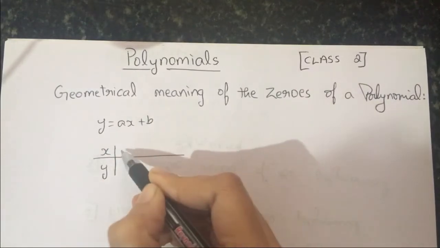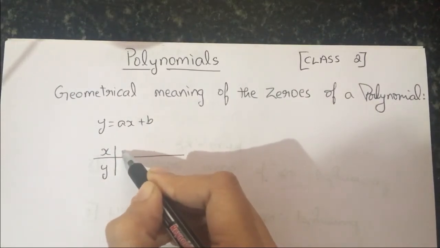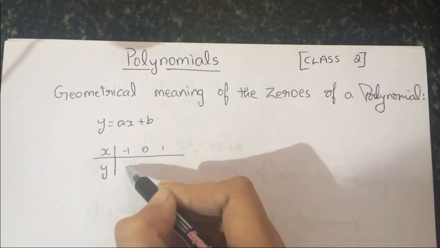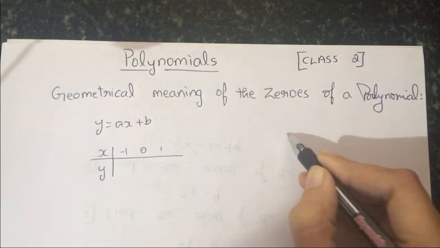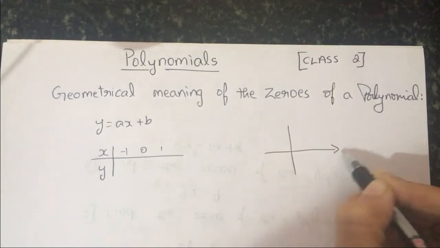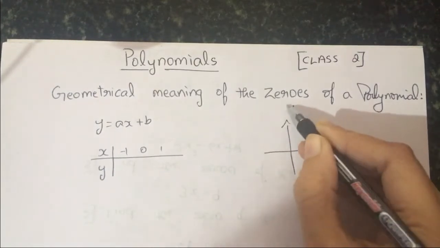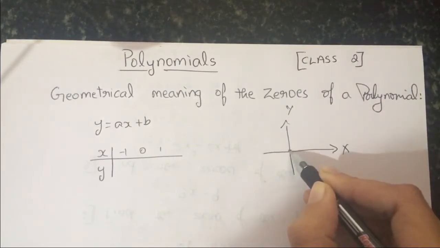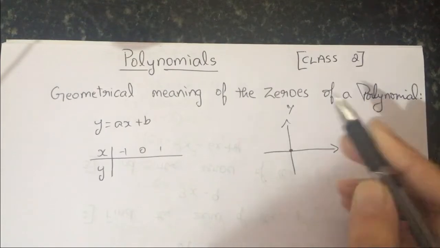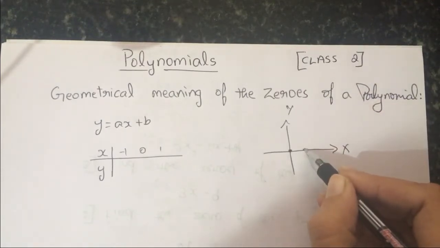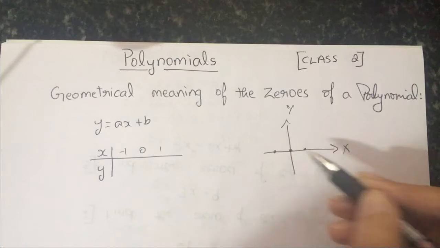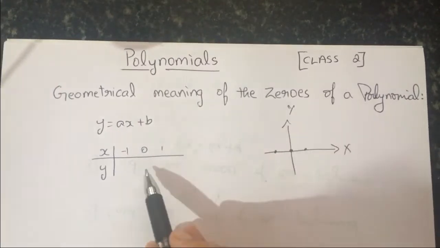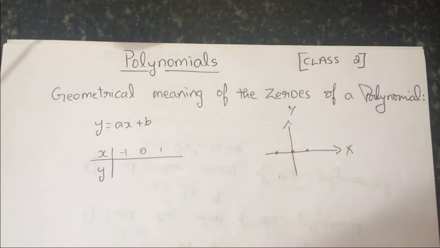We'll give values to x like -1, 0, 1, and the respective y values we write, and we'll take a graph sheet. Along the x-axis we give the value: what happens to the value of y when x is 0, when x is +1, when x is -1. We will plot the points depending on this table and will join the points, right?